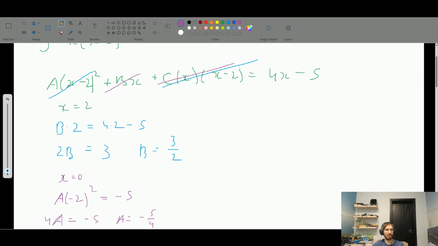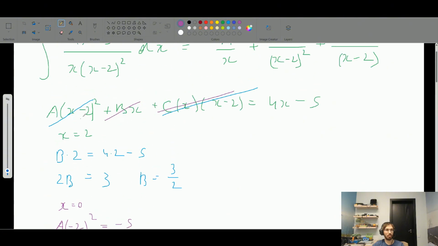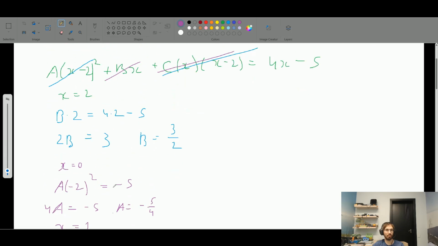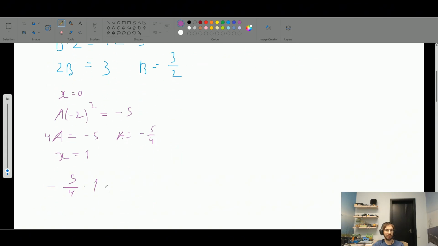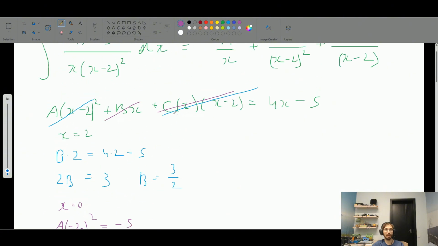So when x is 1 and a is minus 5 over 4, we're getting minus 5 over 4 times 1 minus 2 is minus 1, so then minus 1 squared will be 1, so times 1, plus bx, and b is 3 over 2 times x, which is 1, and then plus c, which is not known, times 1 and times minus 1, because 1 minus 2 is minus 1.